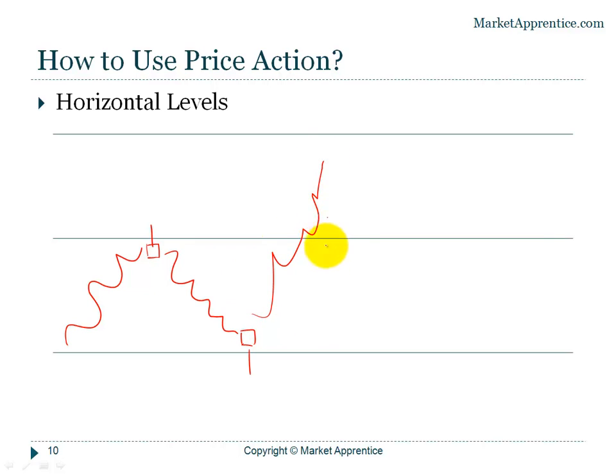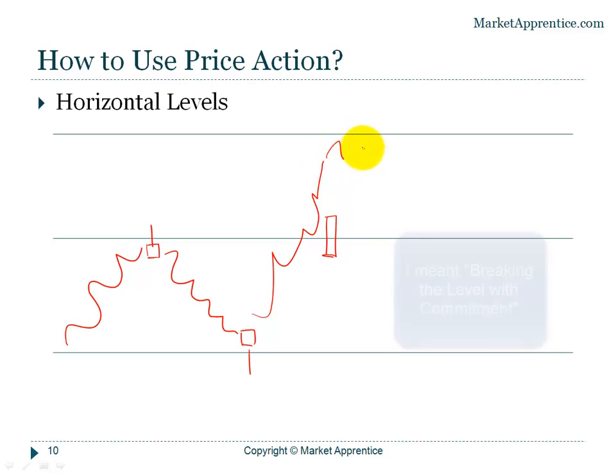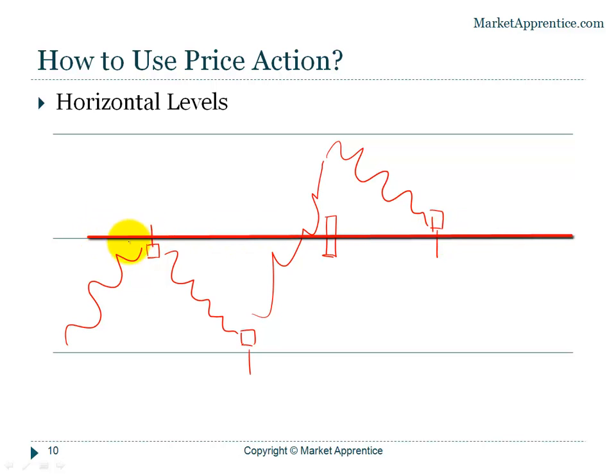Here, you will likely get a trend bar, breaking with commitment. And then it comes to retest. So this pin bar here is very useful because it's in line with the old resistance. And you'll probably move up from there.